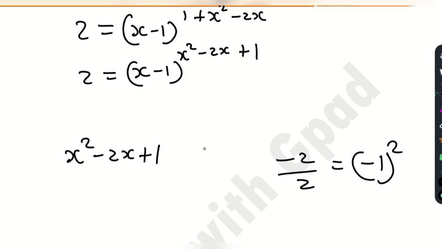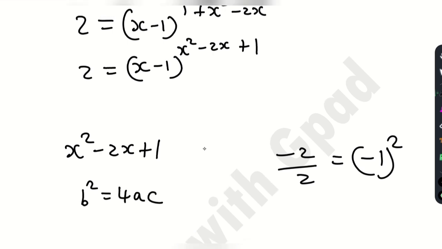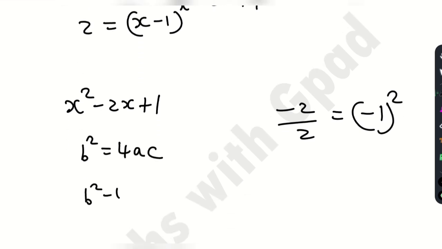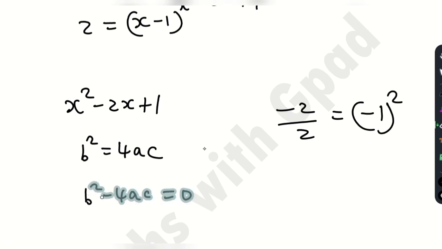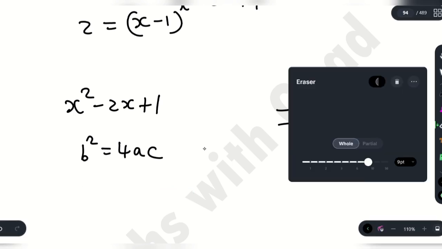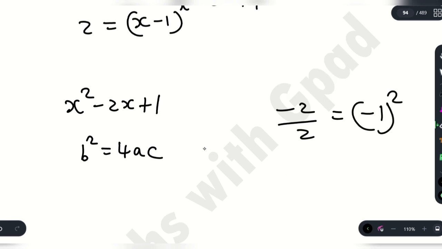Another thing again you can do is if b squared is equal to 4ac, or if b squared minus 4ac is equal to 0, using the discriminant, now, you can tell if it is what? A perfect square. But let's quickly see that. Is it true that b squared would be equal to 4ac?